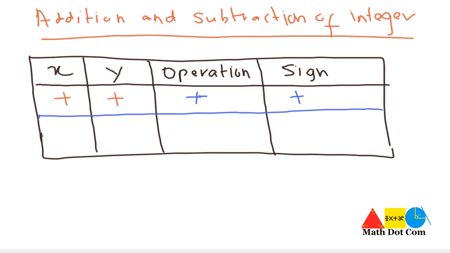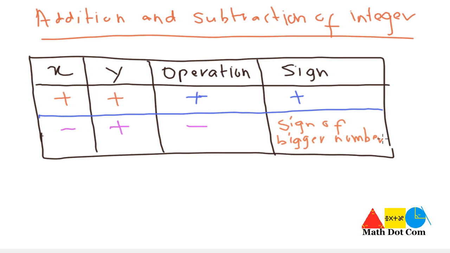Then if we have minus, meaning a negative integer and a positive integer, the operation to be performed will be minus, that is, you have to subtract the two integers, and the sign will be with the bigger one. It means the sign of the bigger number.